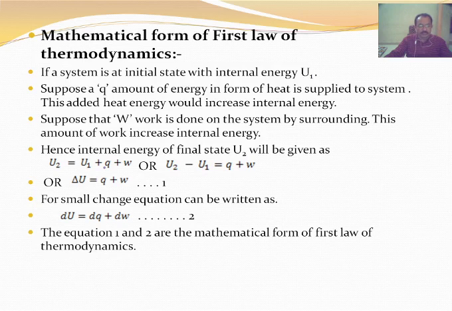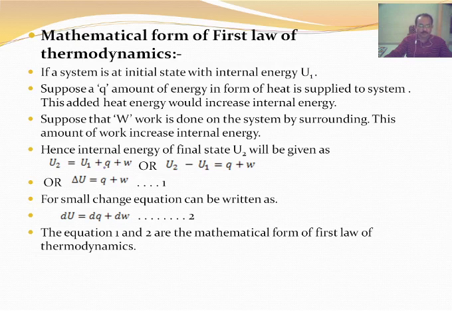The internal energy of a system increases when energy in the form of heat is added by heating, or by doing work on the system. On the other hand, internal energy of a system decreases when energy in the form of heat is removed by cooling the system, or by doing work by the system on the surroundings.